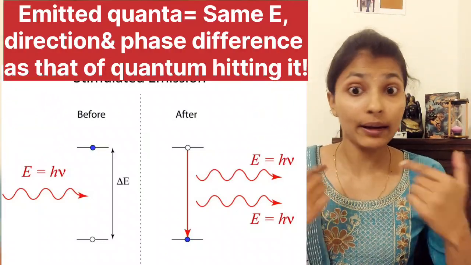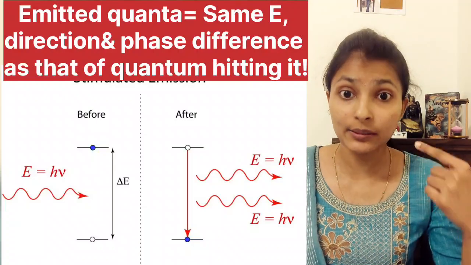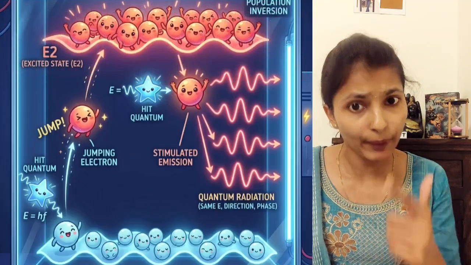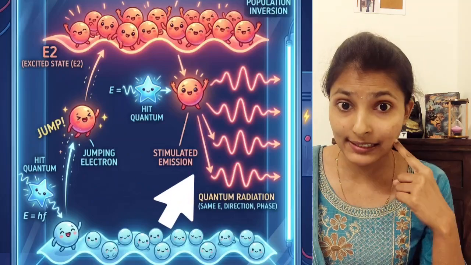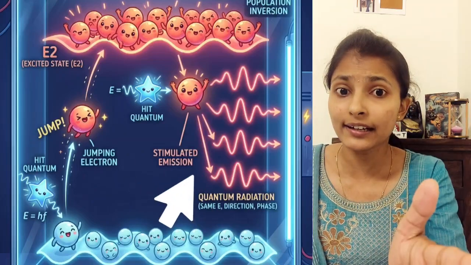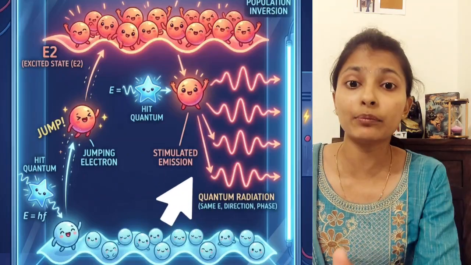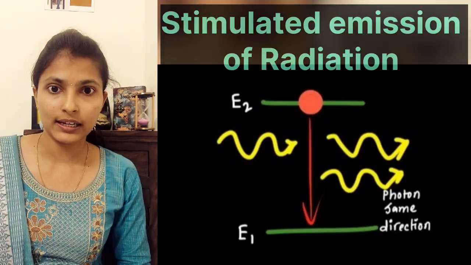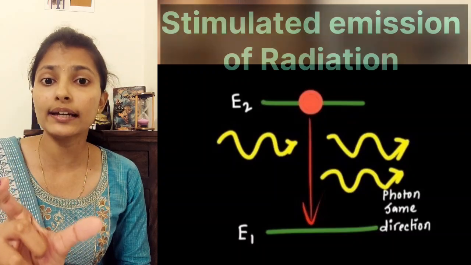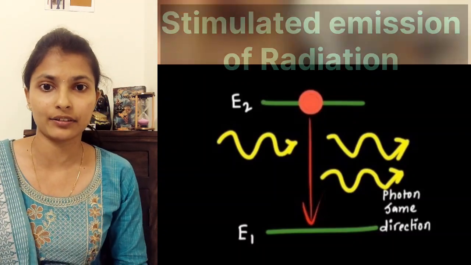It's like when I am angry and somebody hits me at that time, I will hit back with the same energy. If he hits me on the right side, I will also hit his right side with the same speed and same time. Okay? Such a beam obtained from all stimulated electrons is termed stimulated emission of radiation.